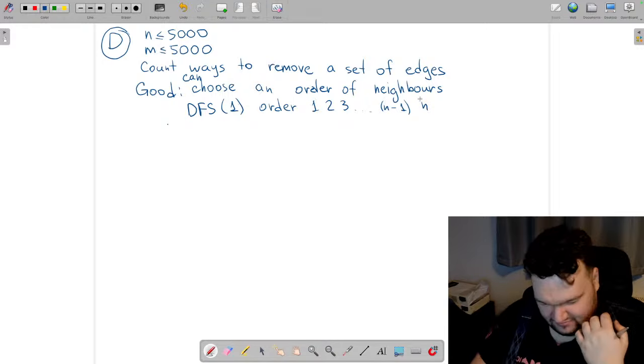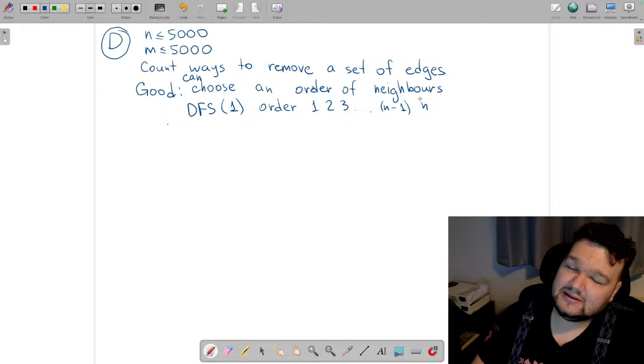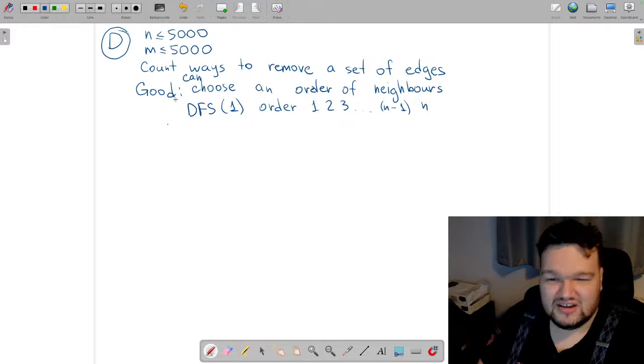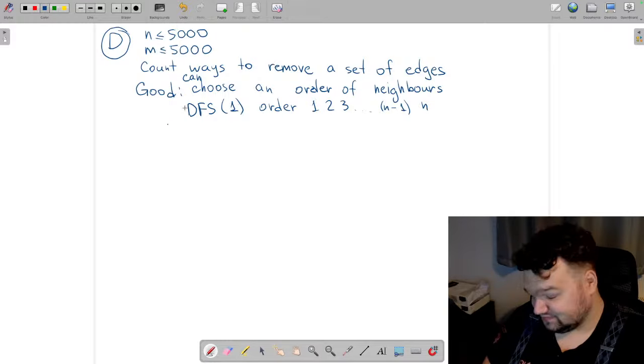So first, let's try to understand how to check if the graph is good. Let's say that we have fixed which edges we want to remove, so we have some edges left.